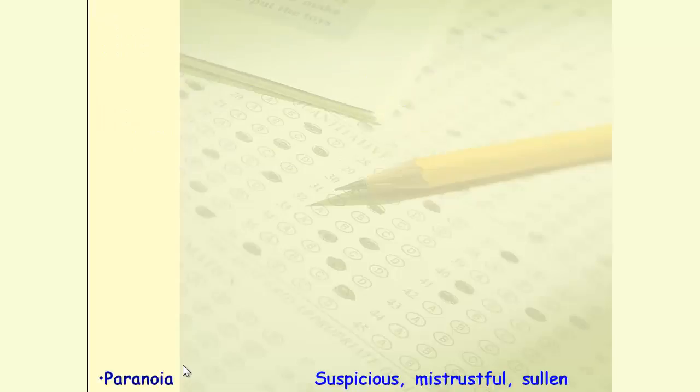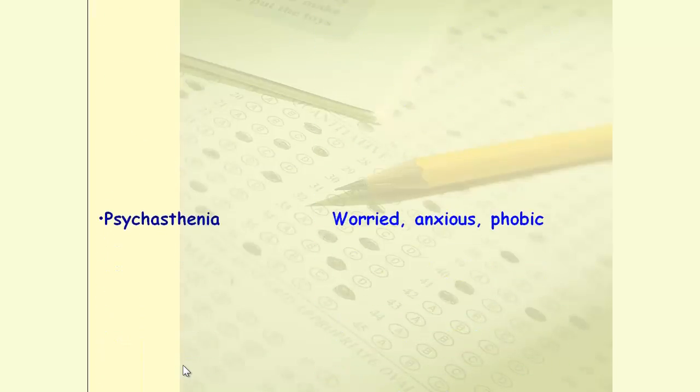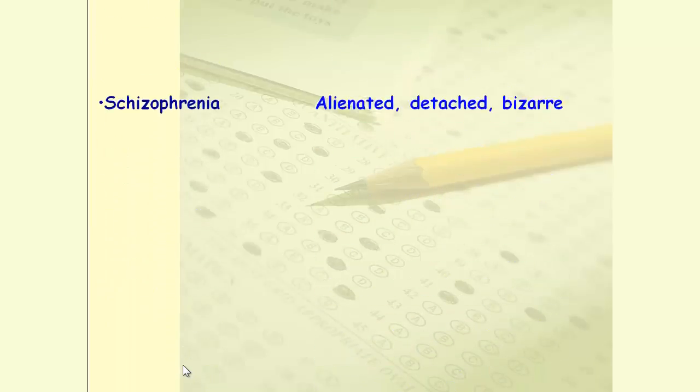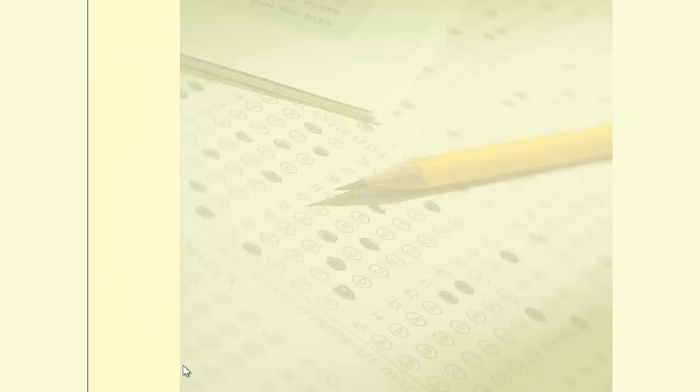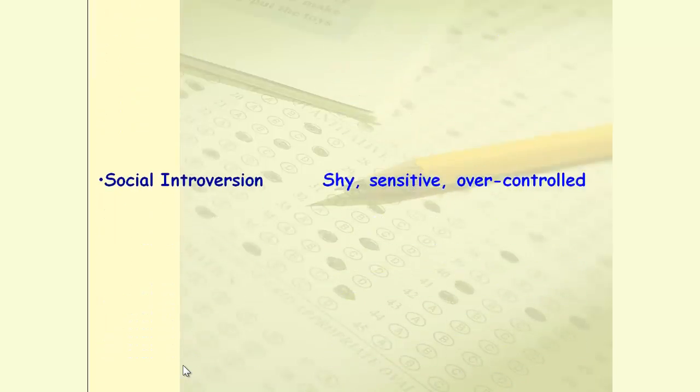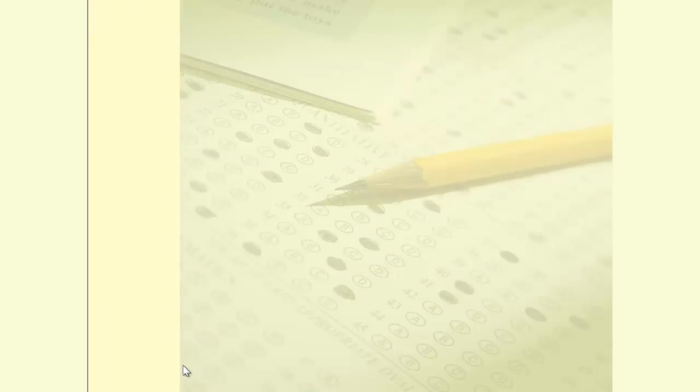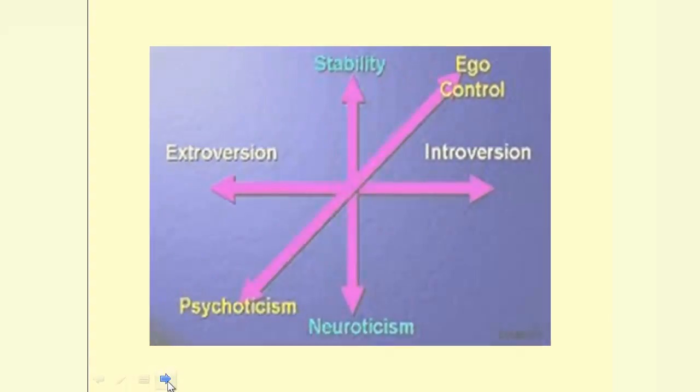It gives you a score on your masculinity or your femininity, on your paranoia, on psychasthenia, which means again how anxious you might be, schizophrenia, being out of touch with reality, hypomania, as well as social introversion. So you would get a score for many different kinds of psych disorders with the Minnesota Multiphasic Personality Inventory.